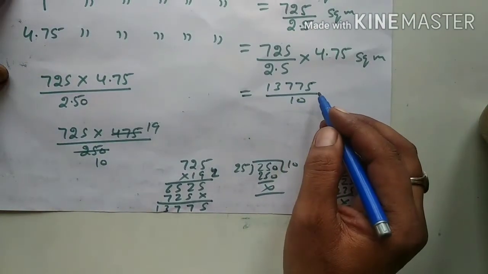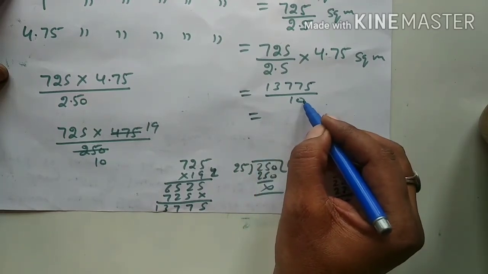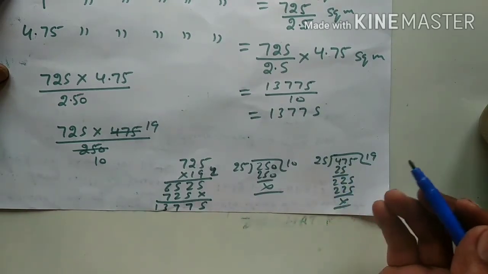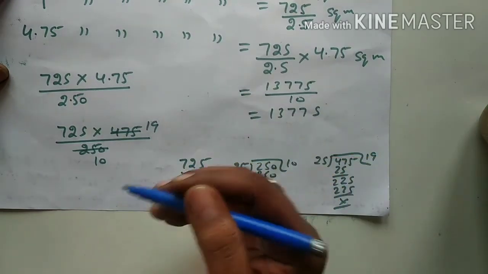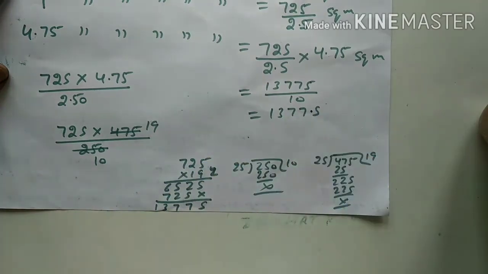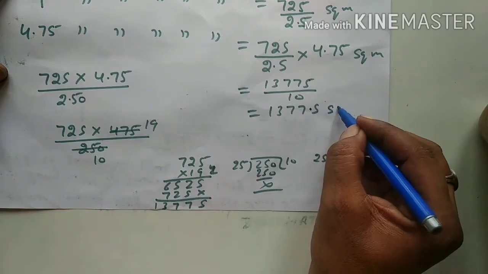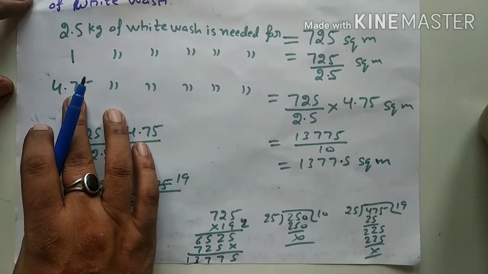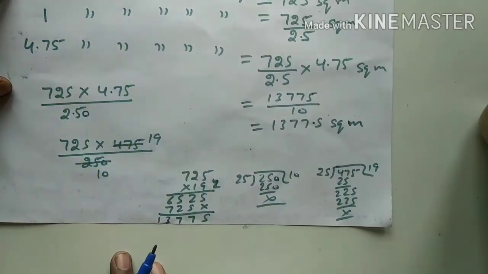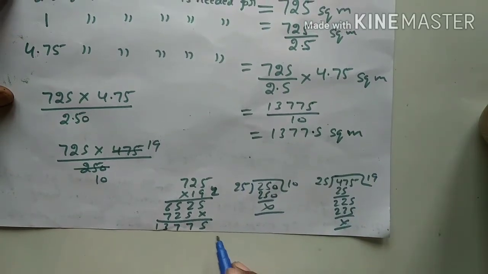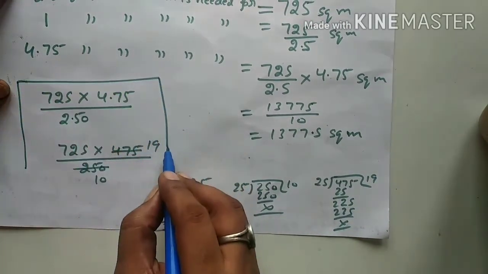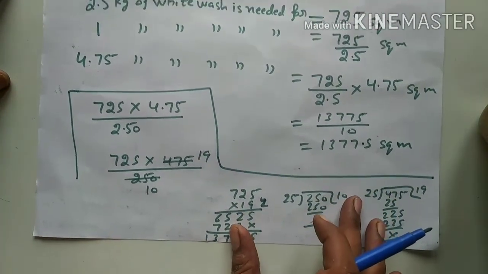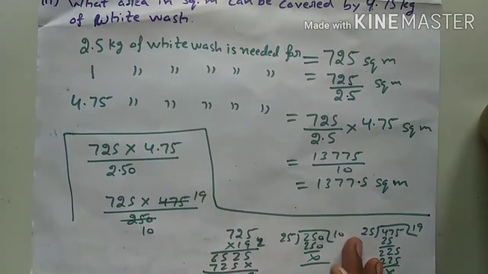Now this is a decimal fraction, so I will put the decimal from the right hand side after counting one digit. Okay, so this square meter area can be whitewashed with this quantity of whitewash. So this is my answer. All the rough work has been done, and this is the solution part. So this is the answer.